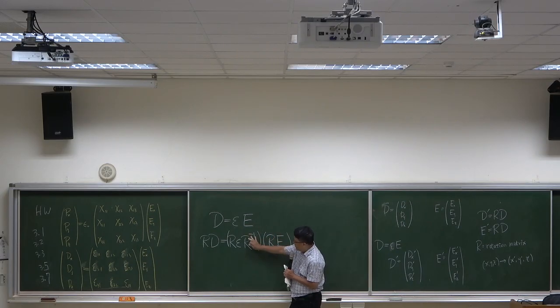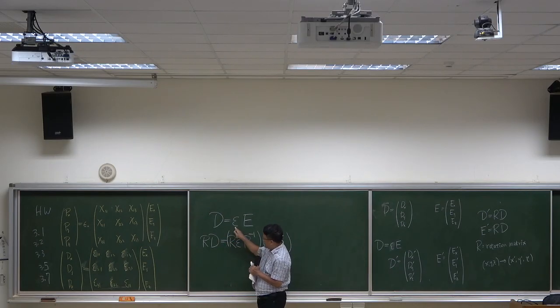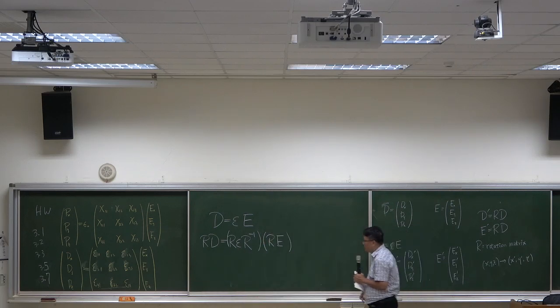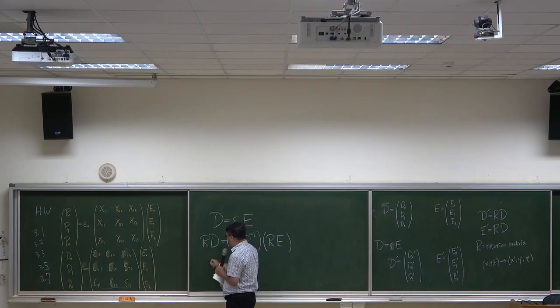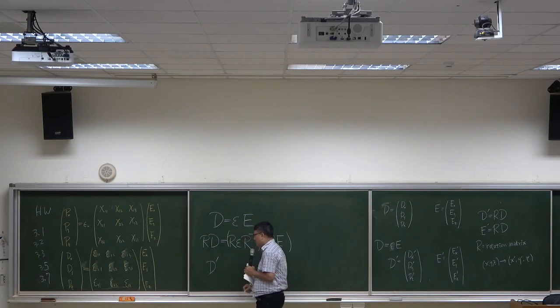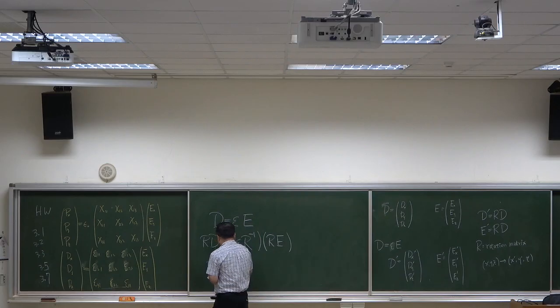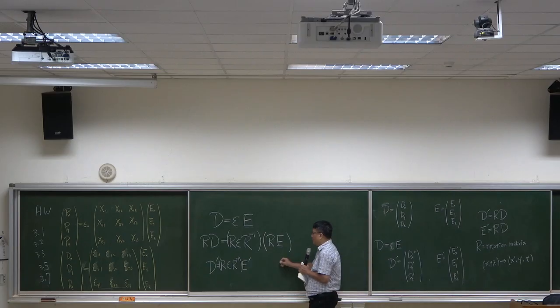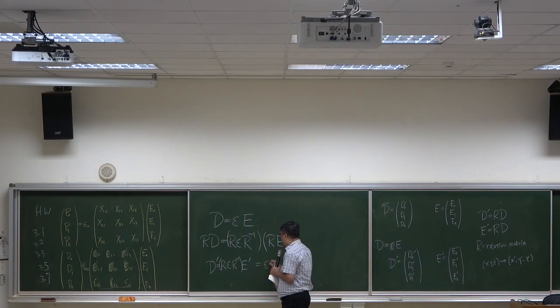So the result does nothing to E. And the left hand side we have this R matrix. Now we know that RD is equal to D prime. And RE is equal to E prime. Okay. And we have this relation. So what is R epsilon R inverse? This is nothing but epsilon prime.